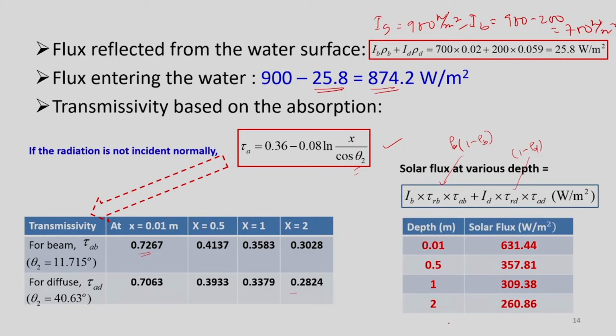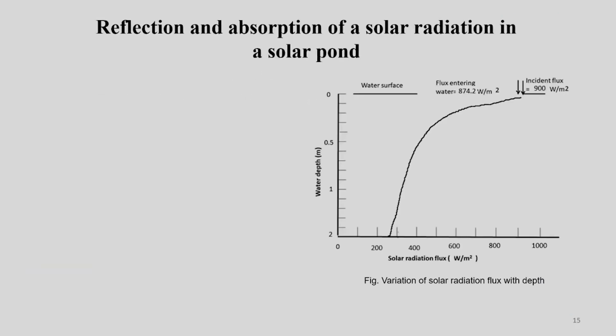At various depths, the solar flux received will be something like this. We can plot how the solar flux varies at different depths. So what kind of conclusion can we draw? We can develop this kind of plot. The water depth is here and the solar flux is on the horizontal axis. 900 watt per meter square is the incident flux, and after considering the reflection, 874 watt per meter square enters the water.